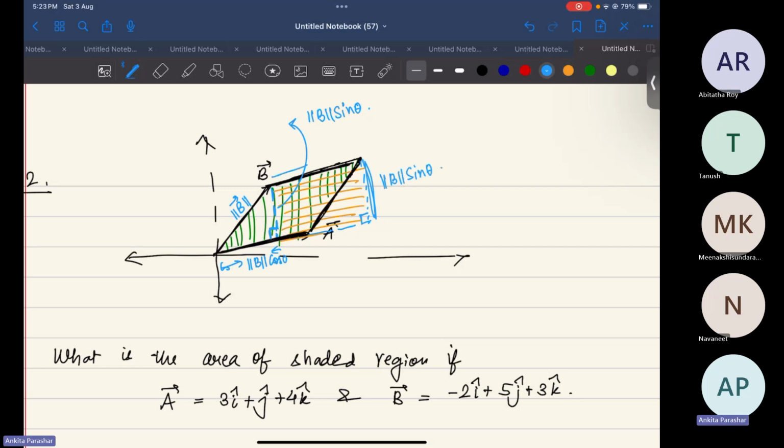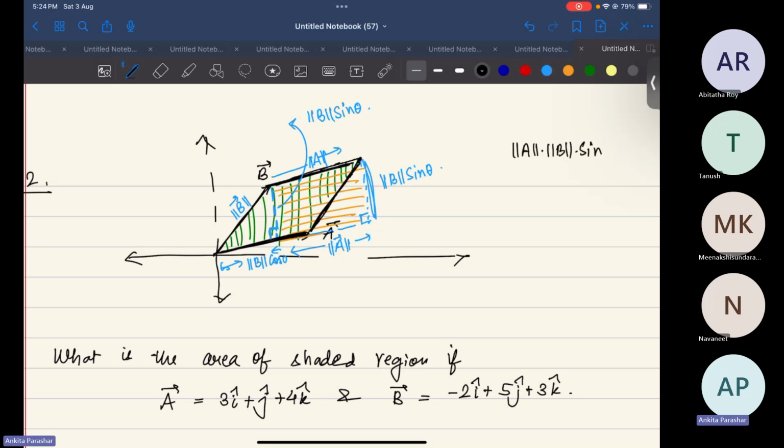And if this length is a, because it's a parallelogram where one side has length a and one has length b, then in the rectangle this part also has length a, right? So now can you tell what is the area? Norm A into norm B into sine theta.